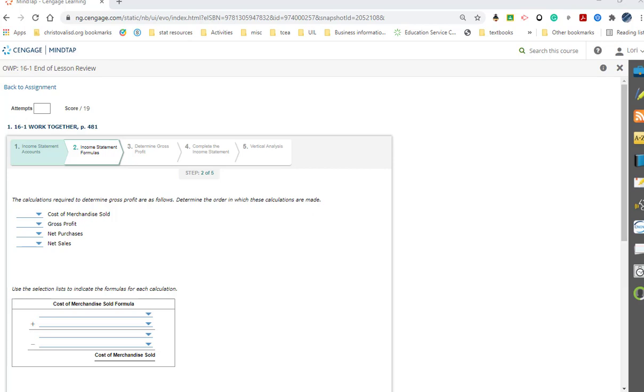The net sales was the first thing that we had. The next thing we did was our net purchases. The next thing we did was our cost of merchandise sold. And the last thing we did was our gross profits.